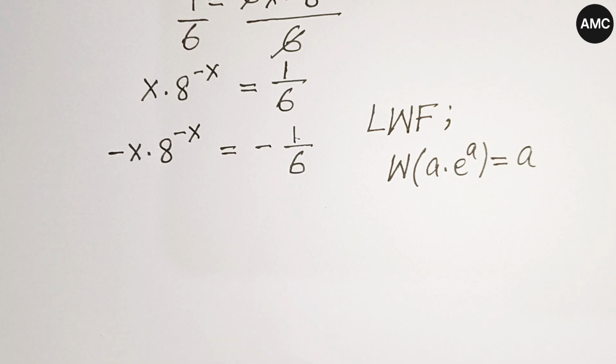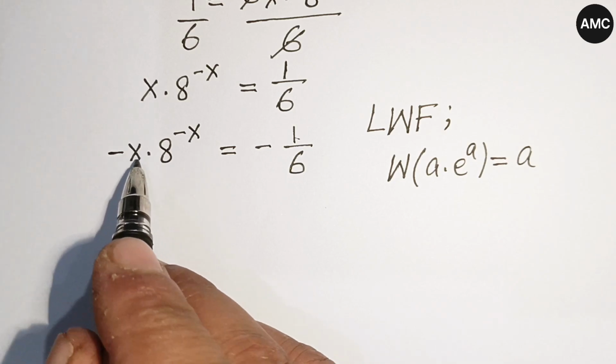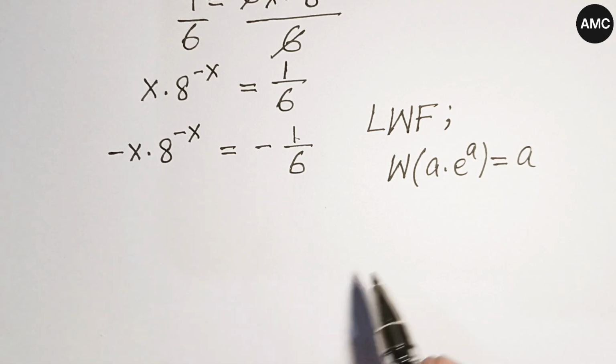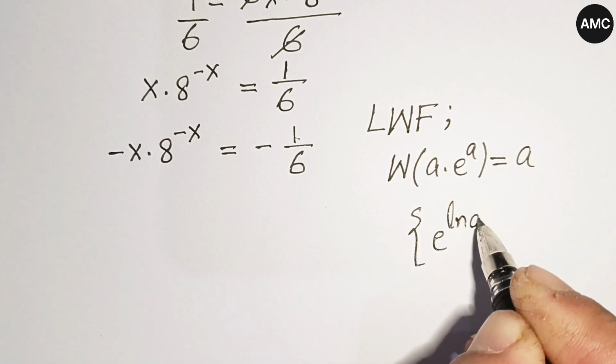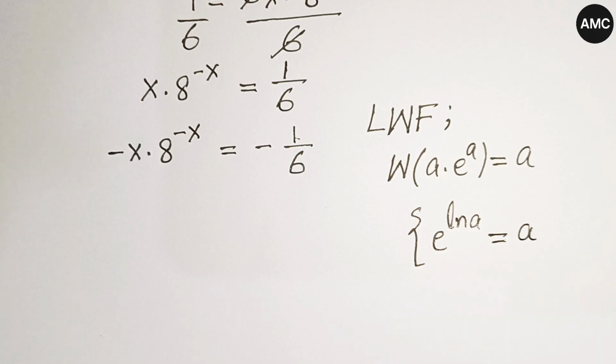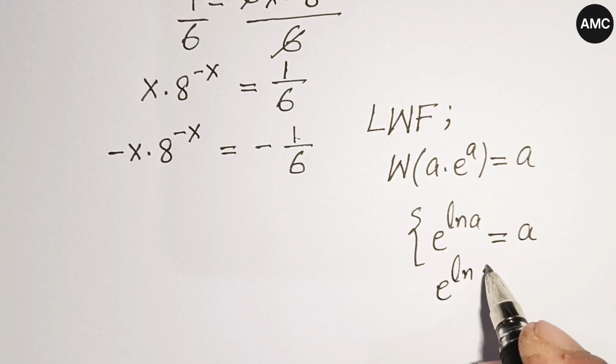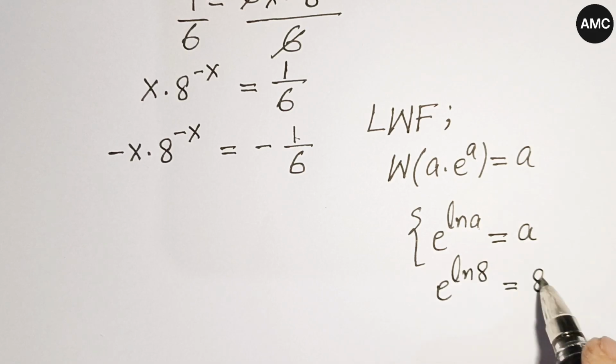So here we get the same exponent, but in the Lambert W function we have to use the exponential. So minus x times a to the power minus x can also be written as follows. We know that e to the power natural log of a is equal to a, so e to the power natural log of 8 will be equal to 8.